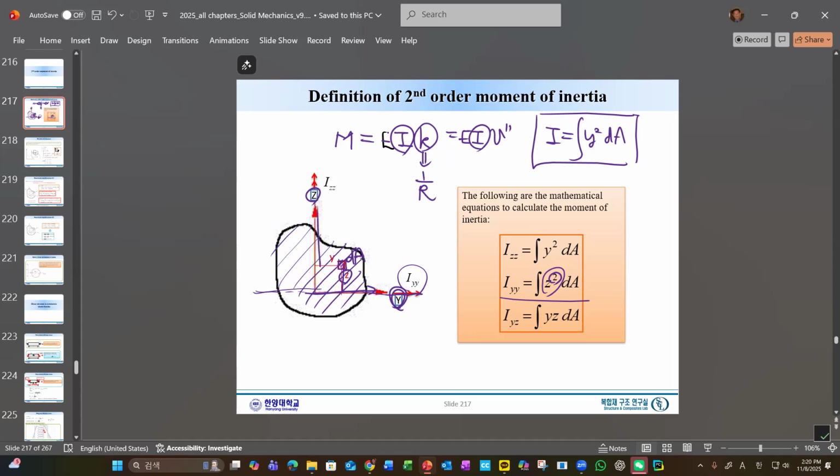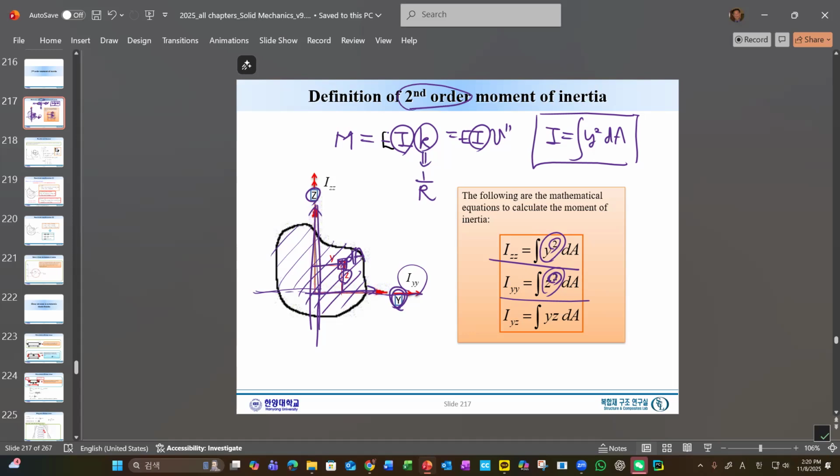And similarly, we can have a moment of inertia with respect to this axis, IZZ. The distance of this dA from this axis will be y. So similar to this z scale, we have a y scale dA. And that's why we call it second order.